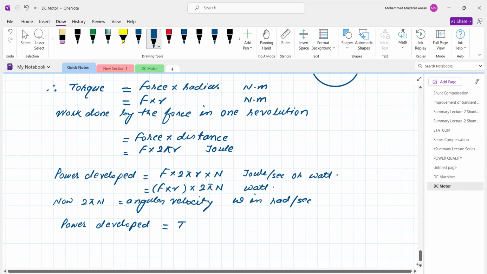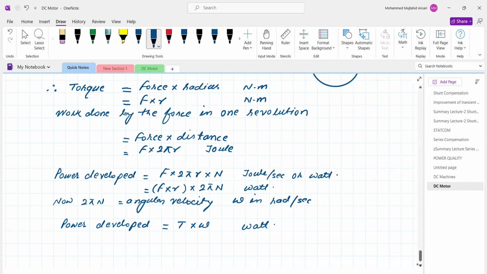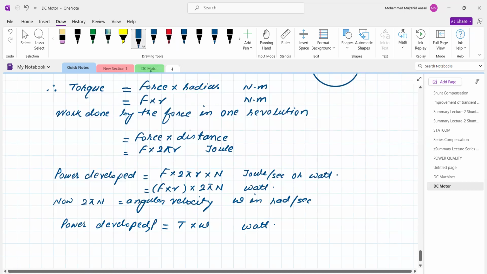So it is torque multiplied by omega, in watt. So power developed is equal to torque into omega. This is a very important equation. We write power P out, or say P over this one, and we will give the name later on. Power is equal to torque into angular velocity.